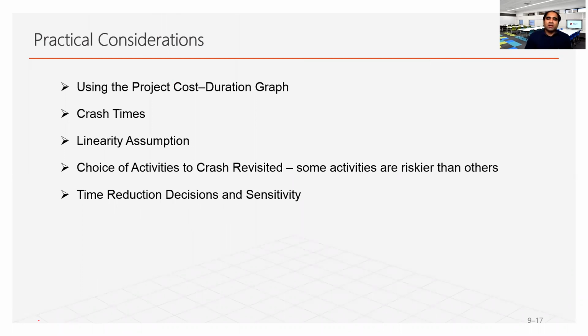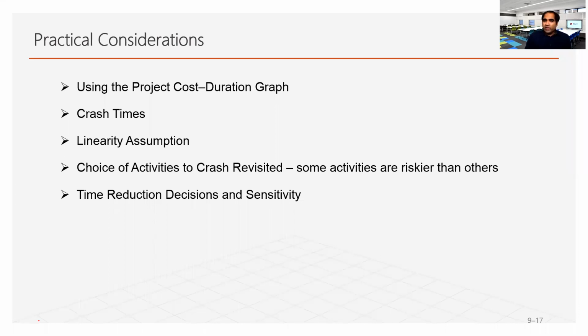Linearity assumption. In most of the cases, it may not be linear. It may be the case that if the duration of any activity is reduced by multiple, the direct cost may exponentially increase. It may not be linear.